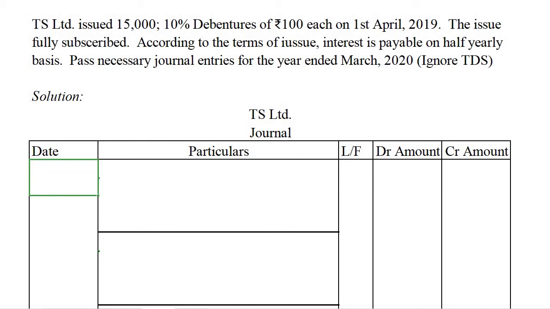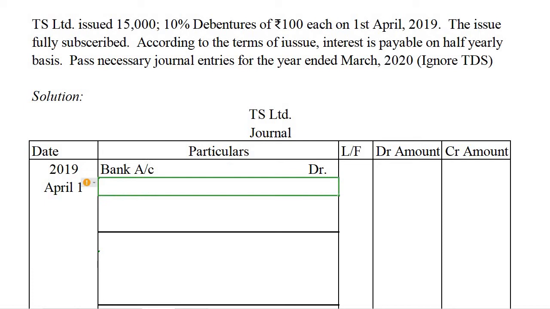First journal entry, on receipt of debenture money. We will write, it is received in lump sum, so we can write Bank account debtor to Debenture Application and Allotment. So on 2019 April 1st, journal entry: Bank account debtor to Debenture Application and Allotment.